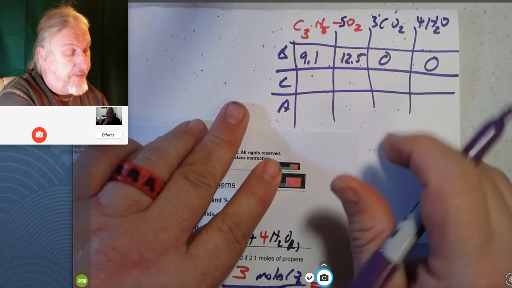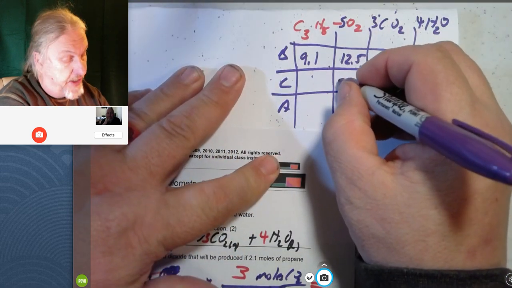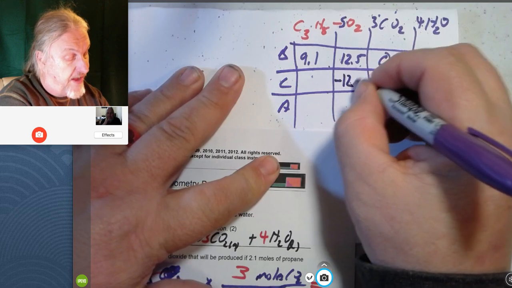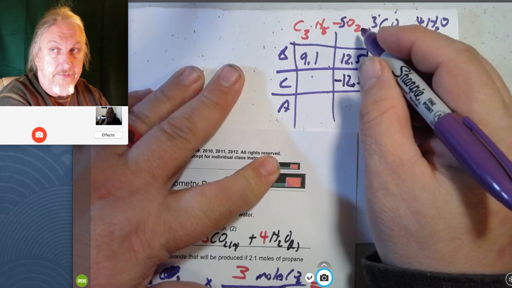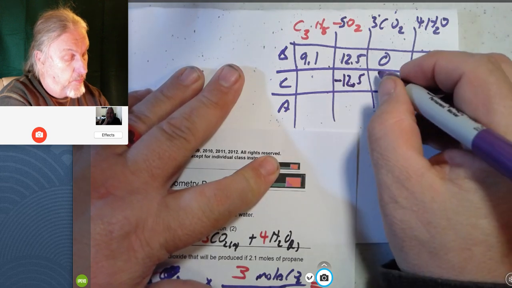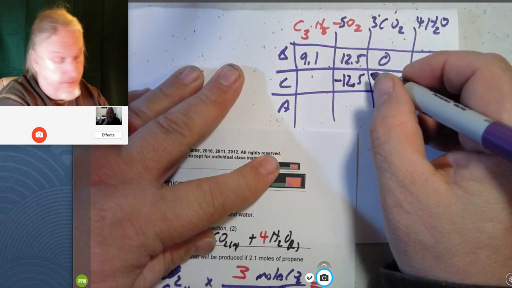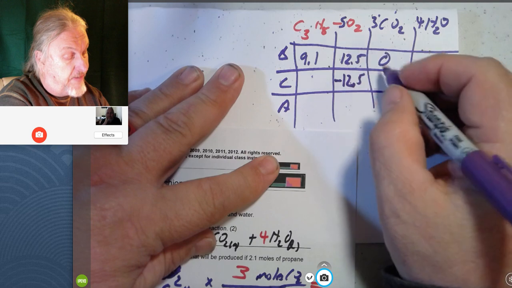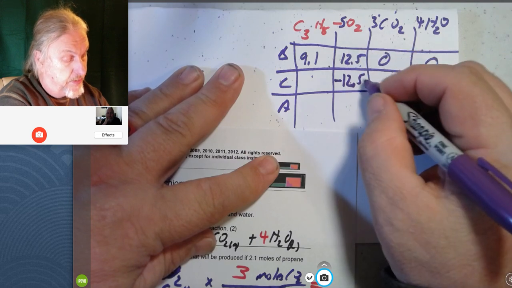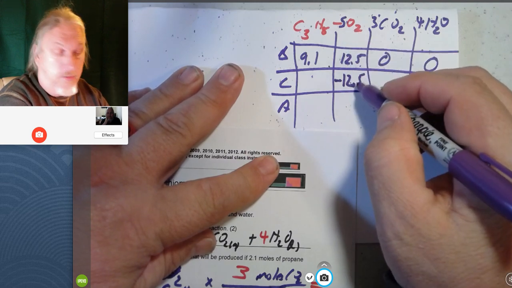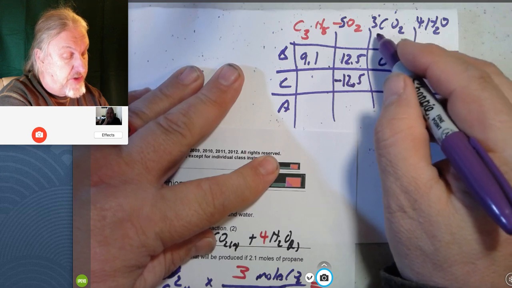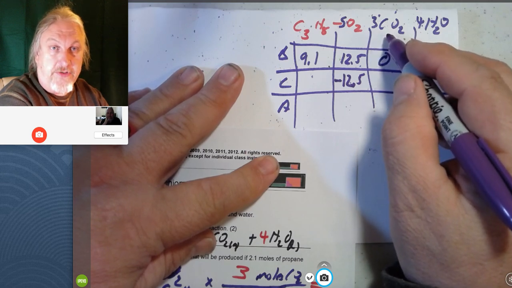Let's go ahead and fill out our BCA table. During the change, we're going to use 12.5 moles of oxygen. For every oxygen mole, I produce 3/5 moles of CO2.